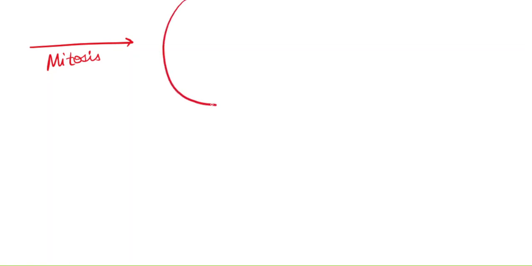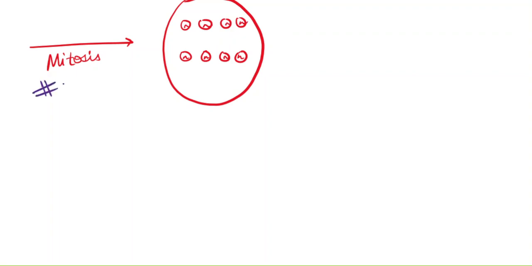So you will again have this cell division. You will have a total of 4 cells, like 4 up, 4 down, 8 cells. So in short you can say this one is the third time mitosis.